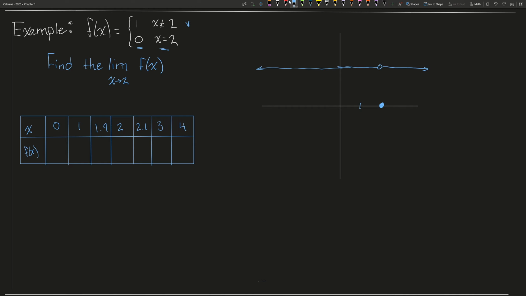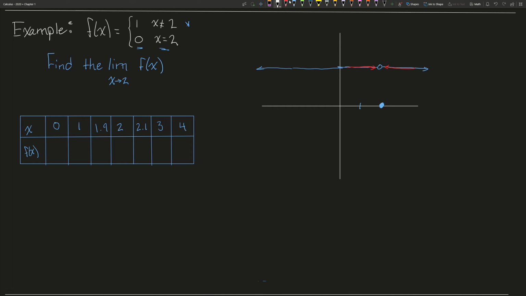So if we want to find the limit as x approaches 2 of f of x, we need to look at what's happening on both sides as we approach x is equal to 2. So again, we can look at this on a graph, or we can look at it numerically. All right, so for every value up until 2, so let's take x is equal to 0.